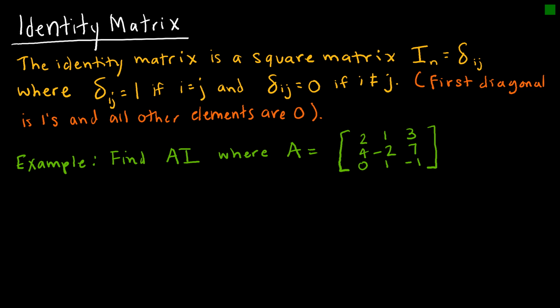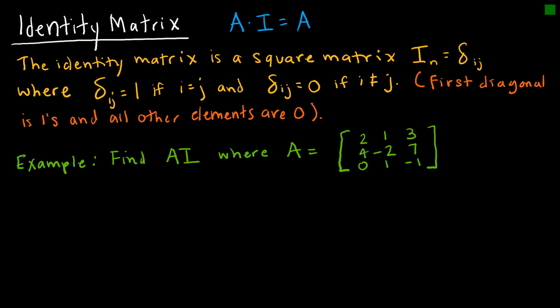I have two other concepts that I want to talk to you about, and the first is the identity matrix. I'm going to try to get through this quickly because I know we took our time on the other questions. The identity matrix essentially says if I take a matrix and multiply it by the identity, I should end up back at the matrix I started with, and we're going to do one of these examples together.